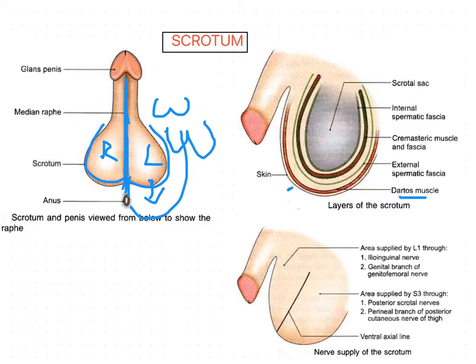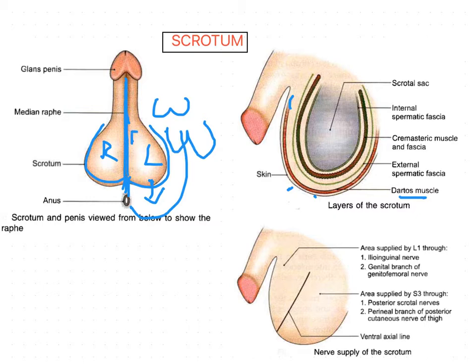Next layer is the dartos muscle, which replaces the superficial fascia, and this dartos muscle is prolonged into the median vertical septum between the two halves of the scrotum.